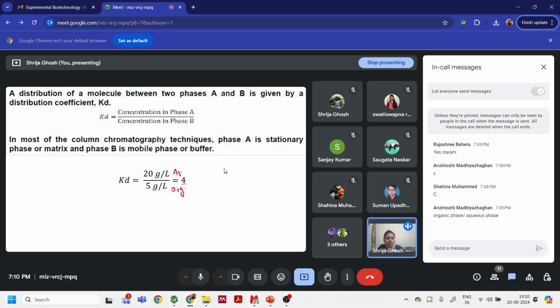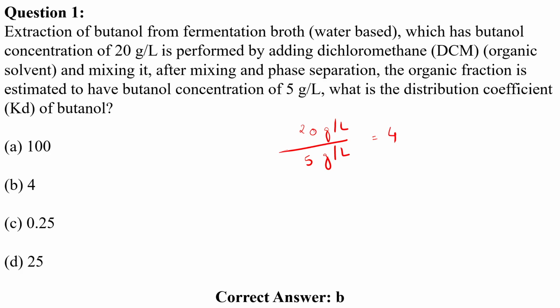Okay, you did organic by aqueous. When you are asked what the distribution coefficient of butanol is, you have to understand we can consider any phase as phase A and any other phase as phase B. But generally, when you are given a question like this, you are trying to extract butanol from the aqueous phase using an organic solvent.